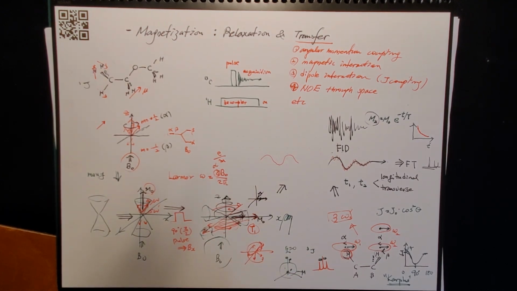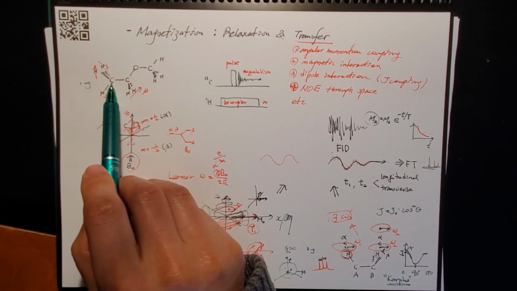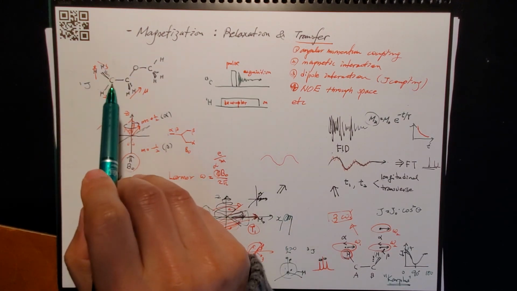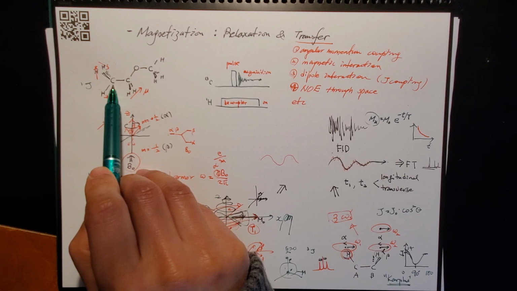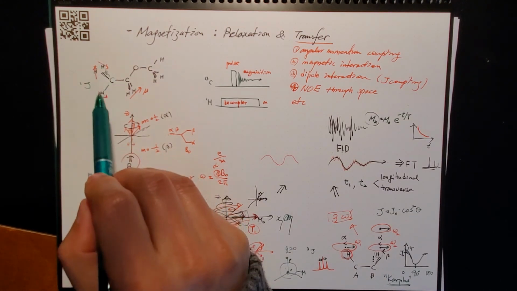For example, when you are measuring this carbon, your receiver is tuned to this frequency. Then the signal generator is giving the frequency of these hydrogens.